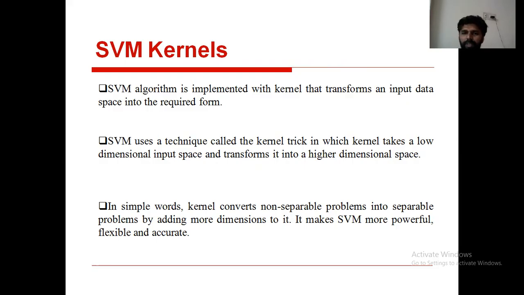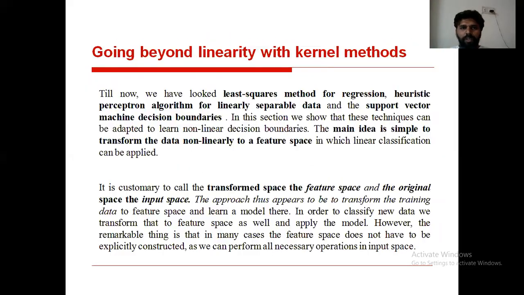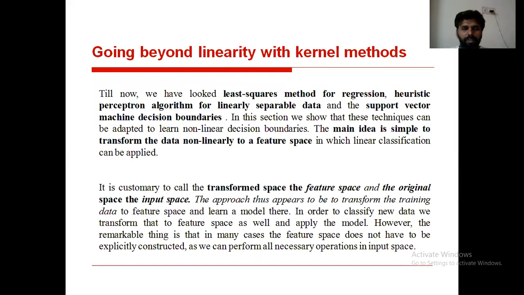Right? Here, three types of kernels are used: linear kernels, polynomial kernels, and radial basis function kernels. Right? These are the concepts we discussed till now. In the next video, okay, I will complete these two also.